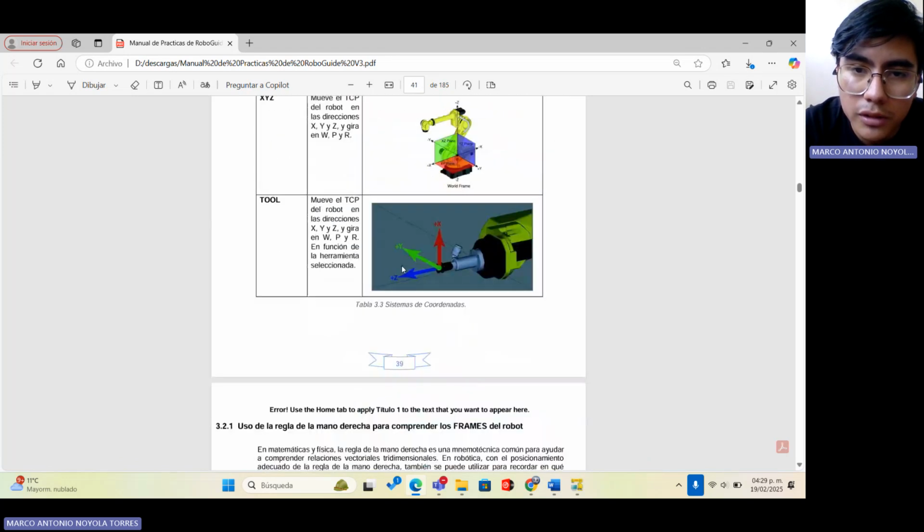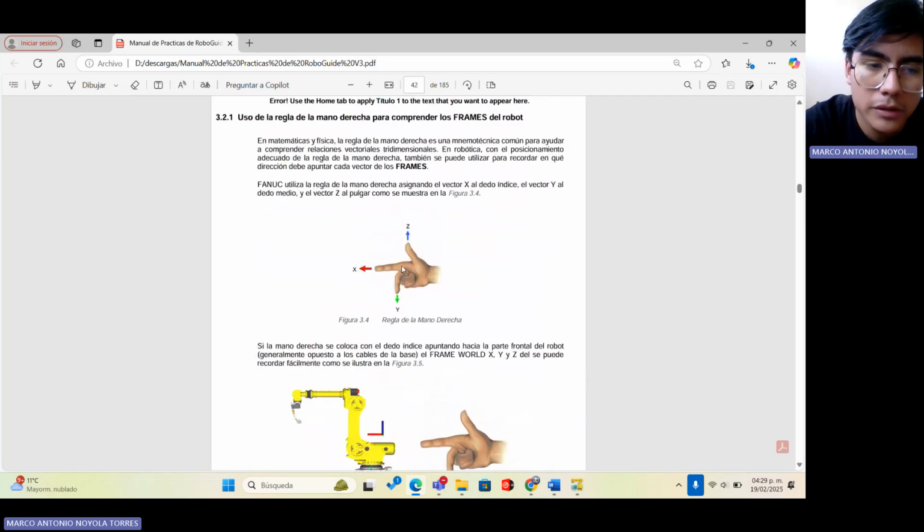The right hand rule is used to define a right-handed coordinate system in 3D space. It works in the following form.